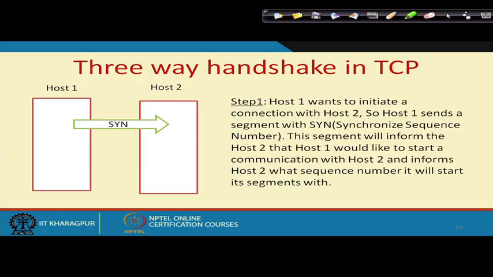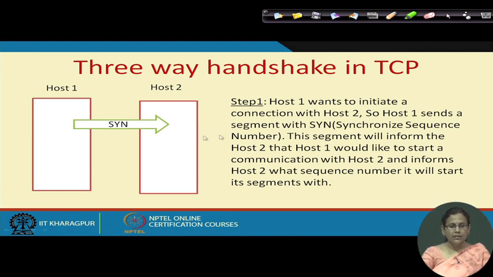So, during the three-way handshake process, if host 1 wants to connect to host 2, first it sends a message letting host 2 know the synchronization sequence number. Now host 2 has to acknowledge that it has received this synchronization number.